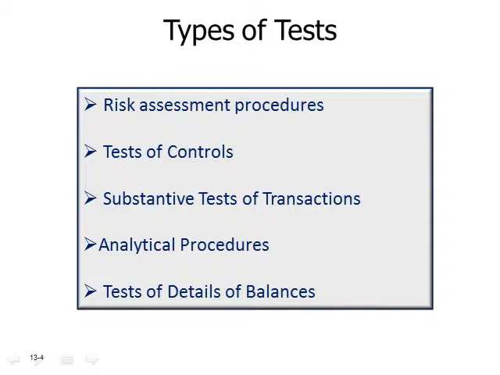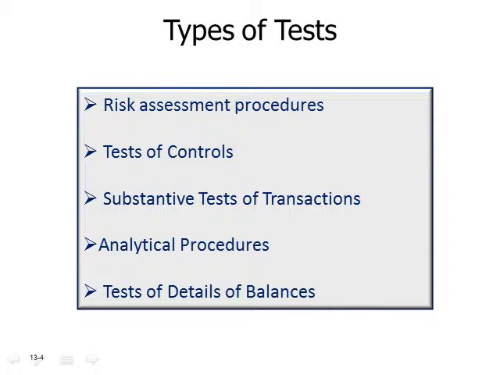We then move on to tests of controls. The auditor's understanding of internal controls is used to assess control risk for each transaction-related audit objective. To obtain sufficient appropriate evidence to support the assessment, the auditor performs tests of controls.